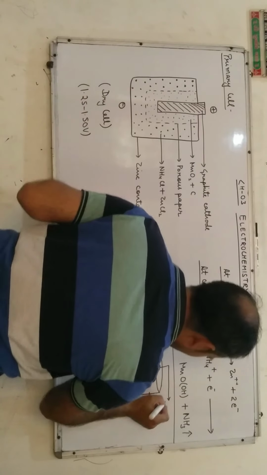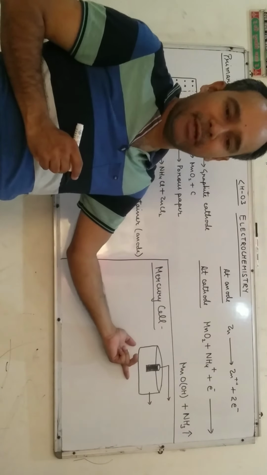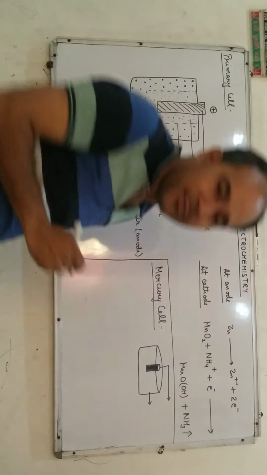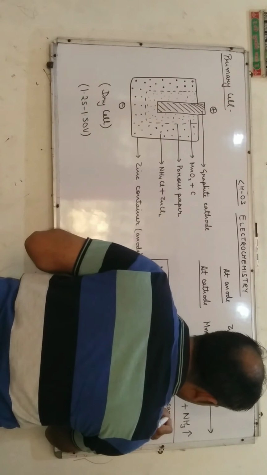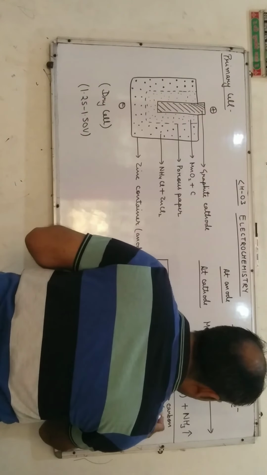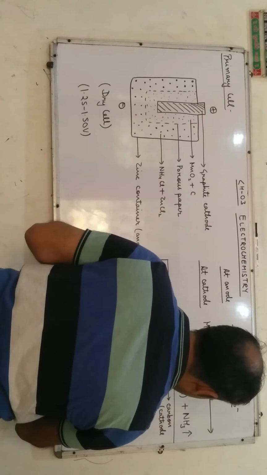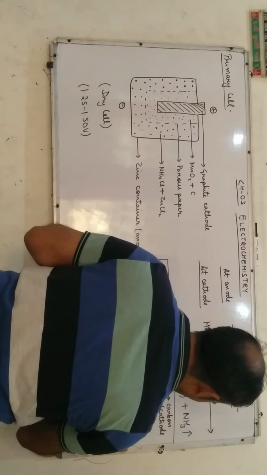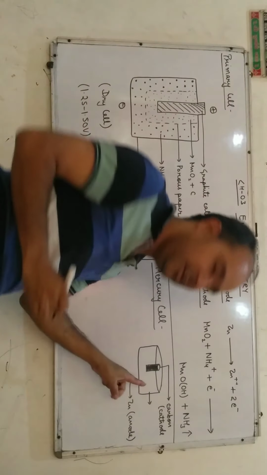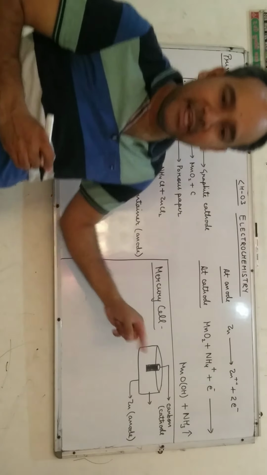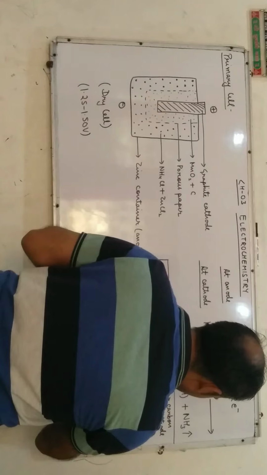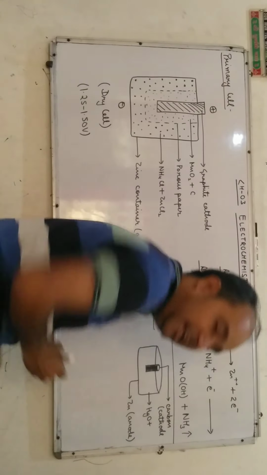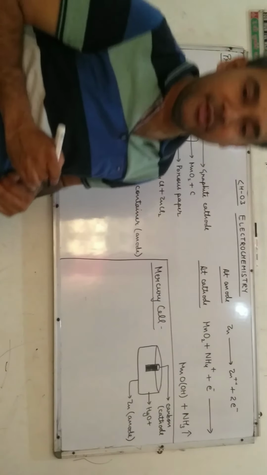Here is a schematic diagram of mercury cell in which carbon cathode is there and the zinc container anode is there. In mercury cell there will be a paste of mercury oxide along with KOH.